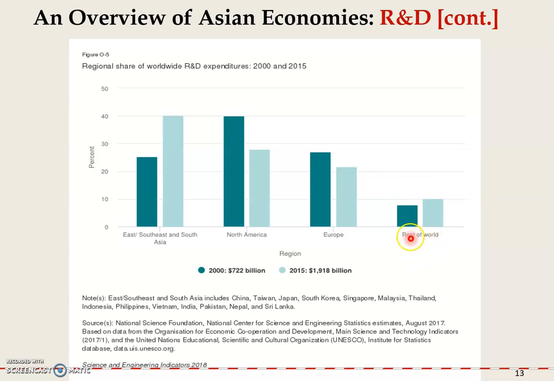For the rest of the world, it increased, but it's a pretty small increase, approximately 2 percentage point change between the 2 years. What's striking for us is that in Asia we find something quite different from the rest of the world, especially North America and Europe, which are the regions you can find the most rich and developed economies.